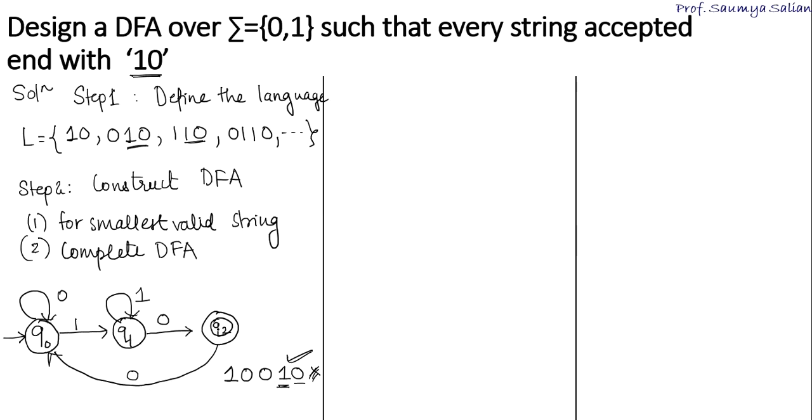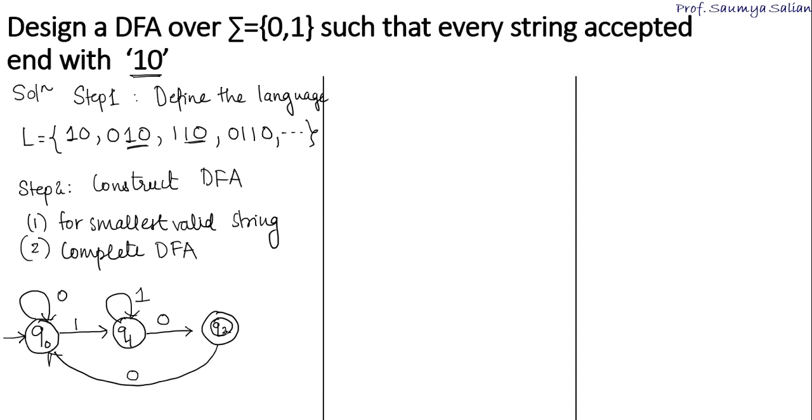Clear? So for Q2, over the input 0, I show up a transition to Q0.